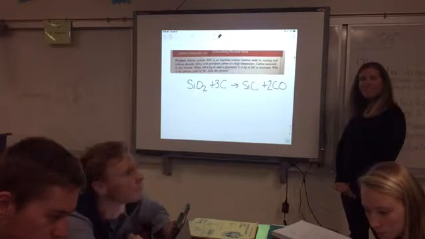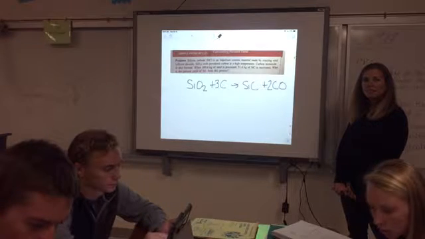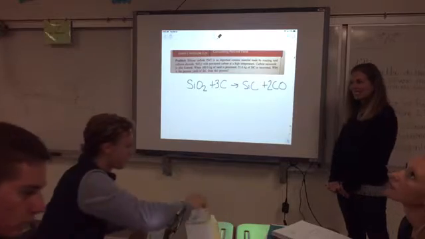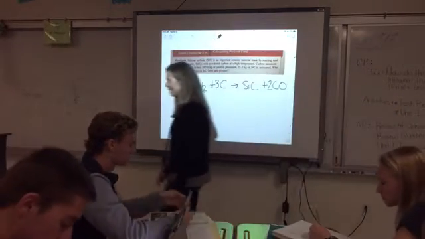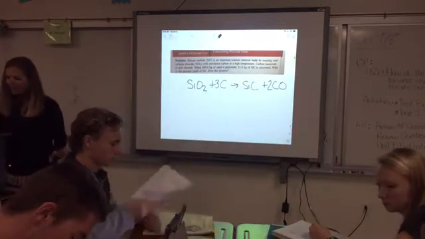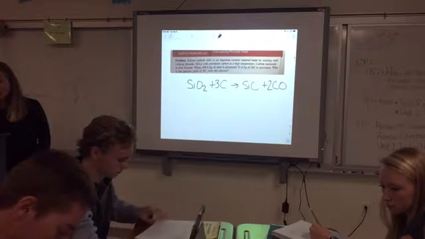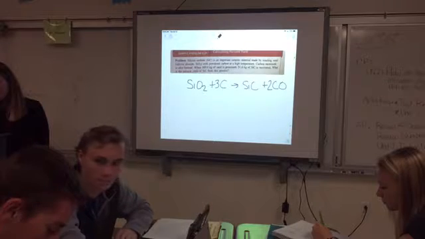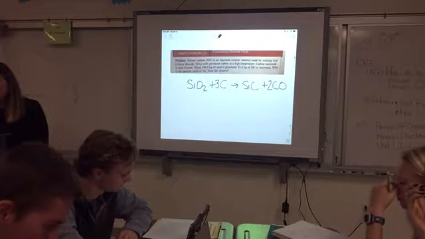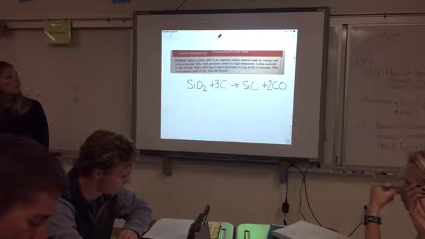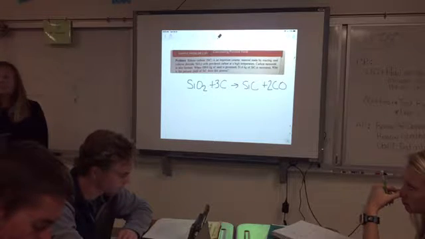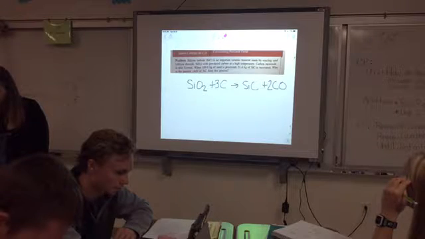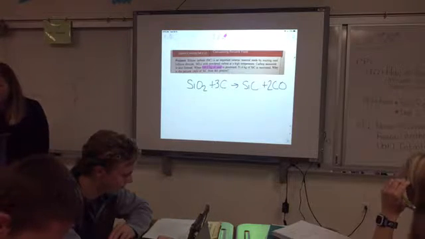All right, are you making a fence? You guys know how to do this. Come on, this is straight up stoichiometry, with the exception of kilograms. What are you being asked to find?